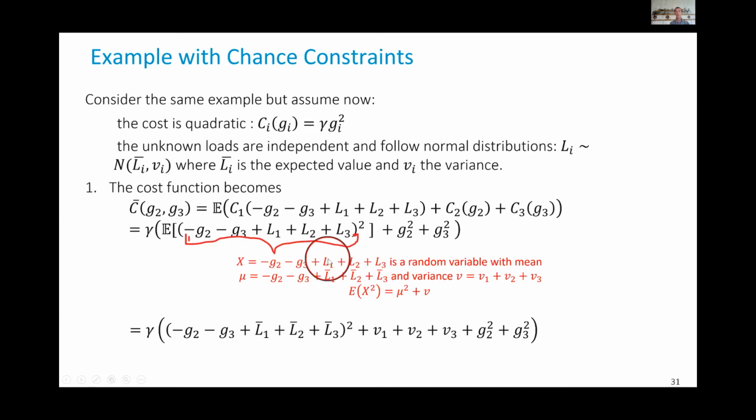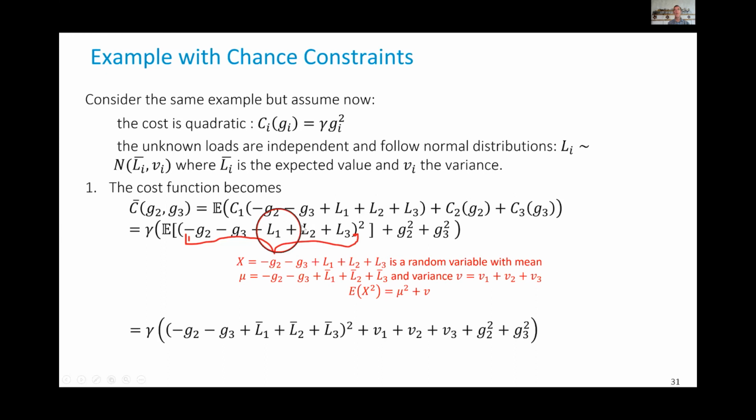This random variable is a linear combination of independent Gaussian random variables. I should have mentioned that here I assume that the uncertainty about the loads is independent, something that is sometimes a good idea, sometimes a bad idea. That's another topic. Here I'm assuming they are independent.